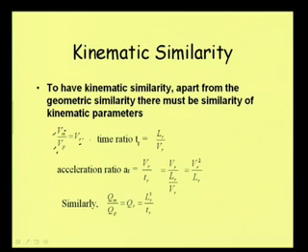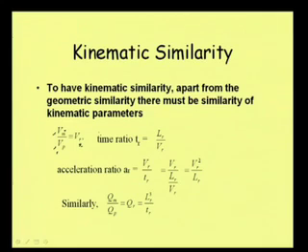When we are trying to maintain kinematic similarity, we will have to maintain this ratio of velocity. In the entire model the velocity will be different at different points, so at each corresponding point, suppose we are considering a point in the prototype and the corresponding point in the model, then the velocity ratio will have to have this value. So, this is called velocity ratio.